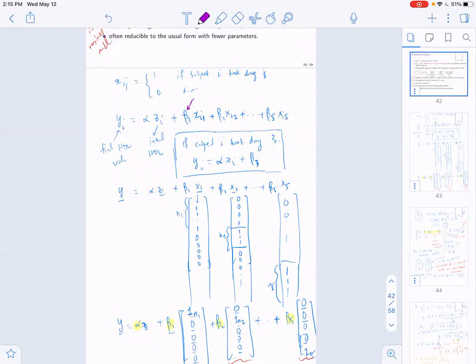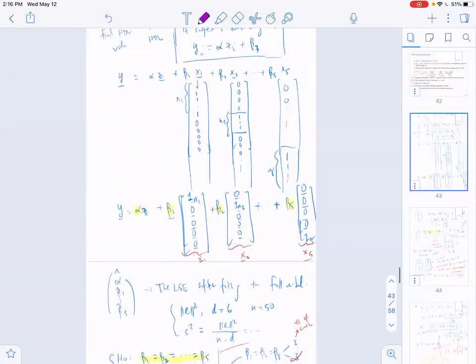So if subject i took drug 2, for example, the response would be a linear function of the initial level plus beta 2. So you can interpret beta 2 as the effect that the drug has, like a constant effect on the final level. And with that formulation, we saw that you can write it in vector form.